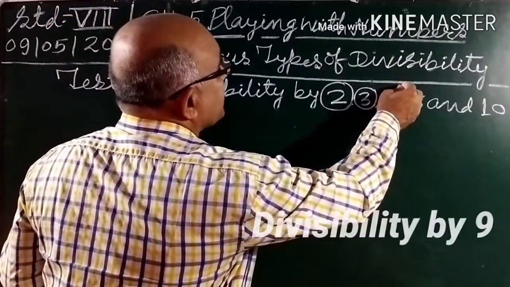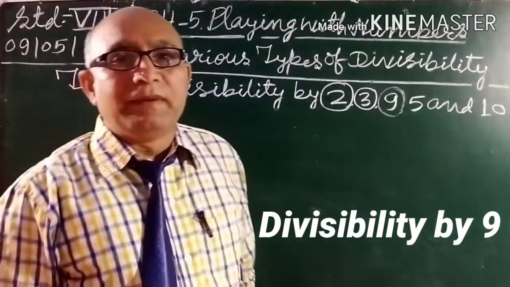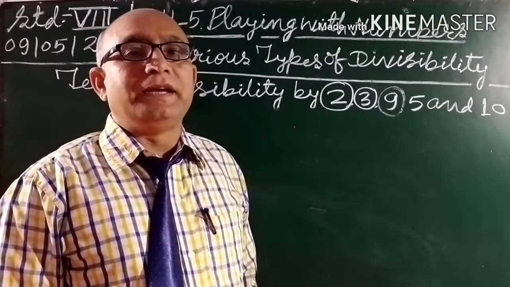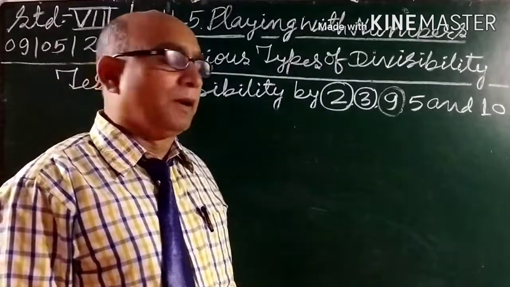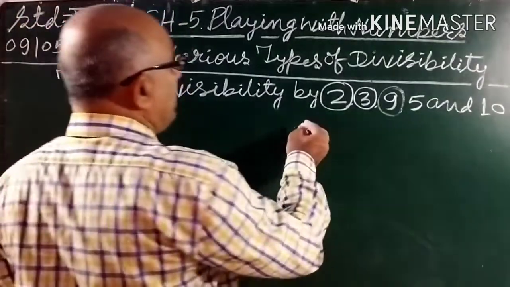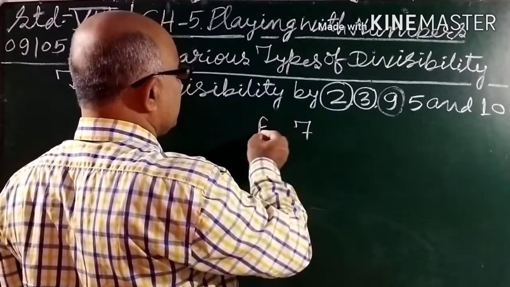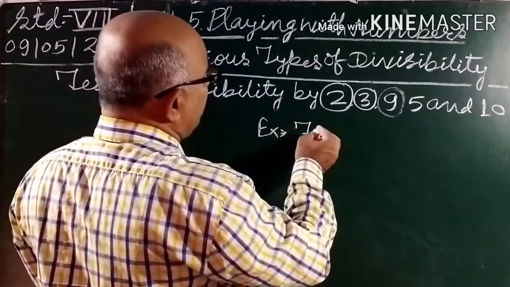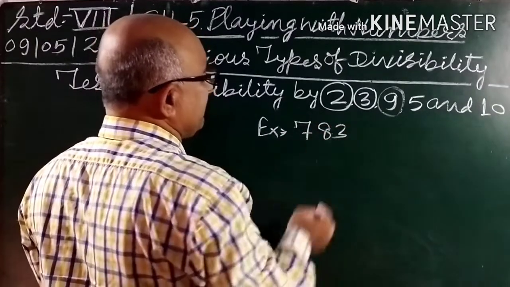Now test of divisibility by 9. A given number is divisible by 9 if the sum of its digits is divisible by 9. Example: 783.